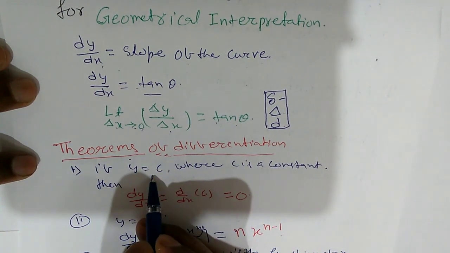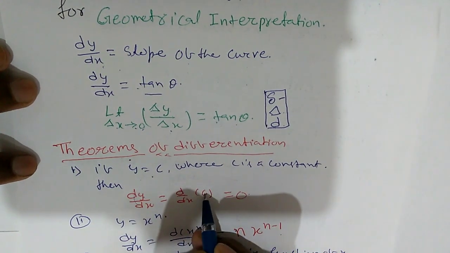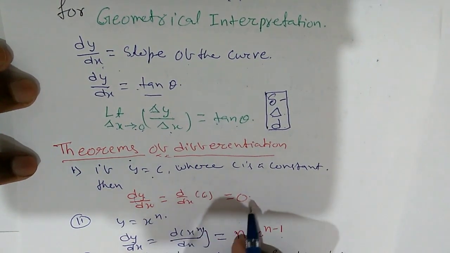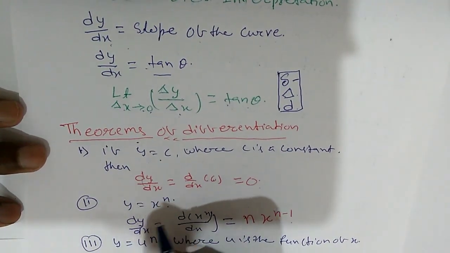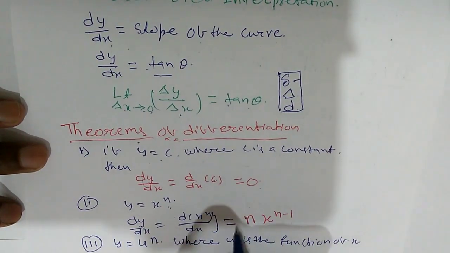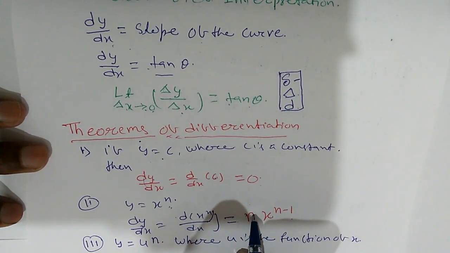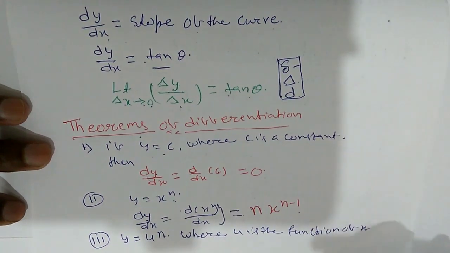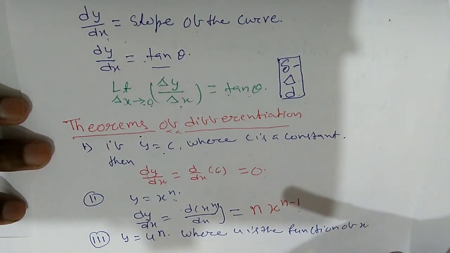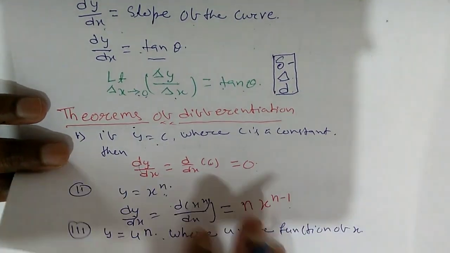If we take a constant c and differentiate it, the differentiation of a constant means 0. Next, y is equal to x raised to the power n. In this case, we take n as a multiple and subtract 1 from the power, giving n x raised to the power n minus 1. Now the next one is y is equal to u raised to the power n, where u is a function of x.